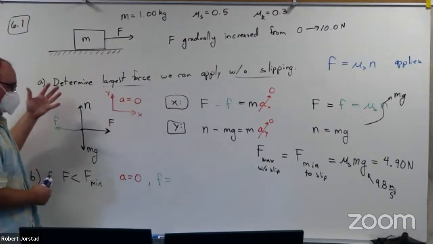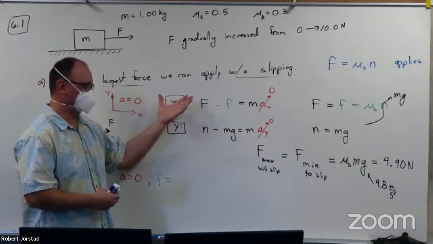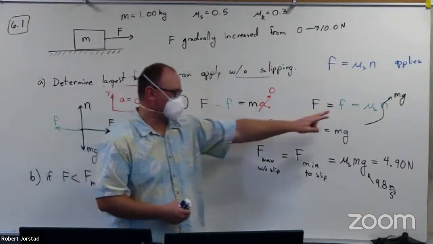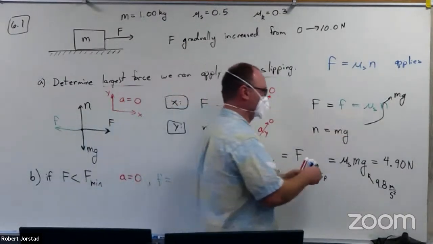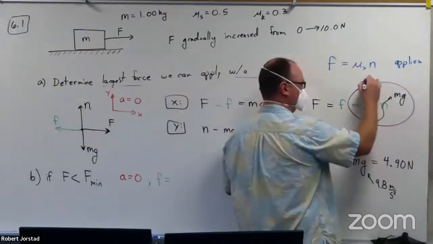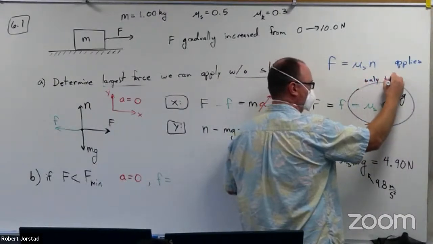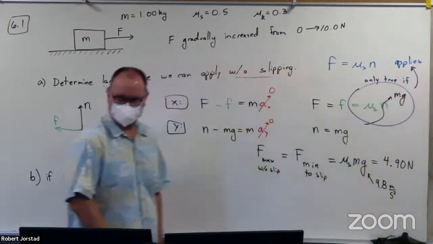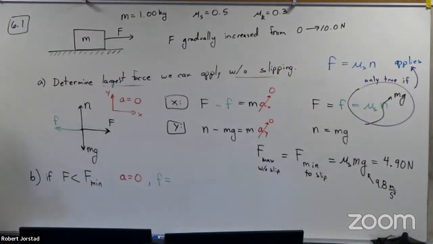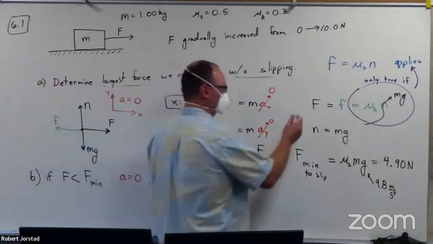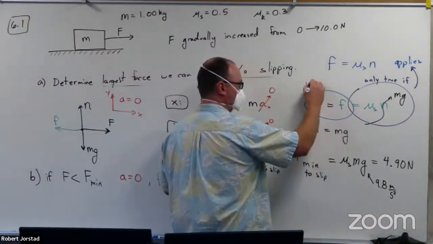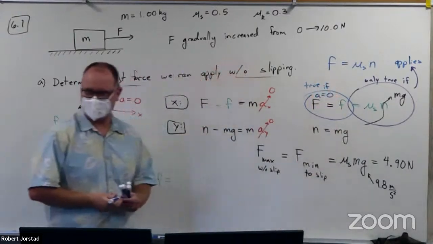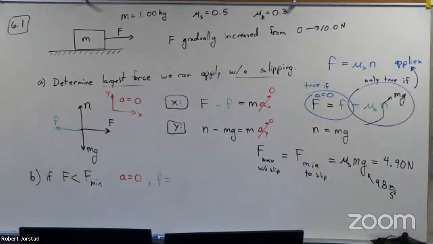So all of this stuff is still true, except for one piece. This last step. This part was only true if that condition applied. However, this is true if A equals 0. So that part is still true.